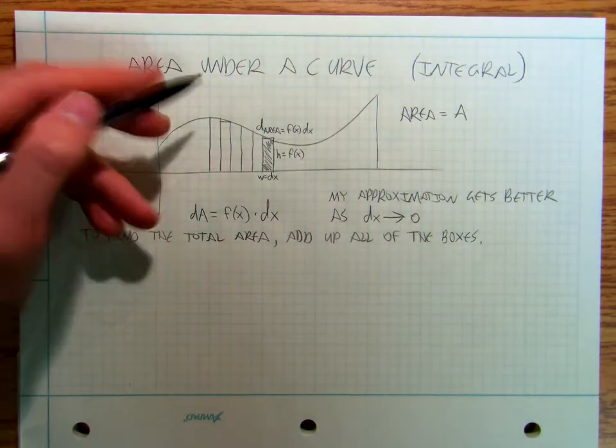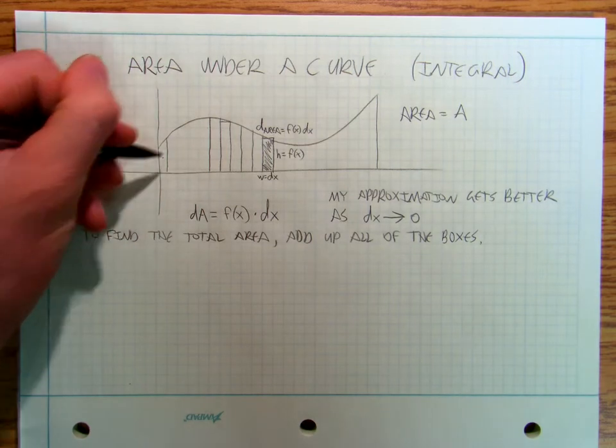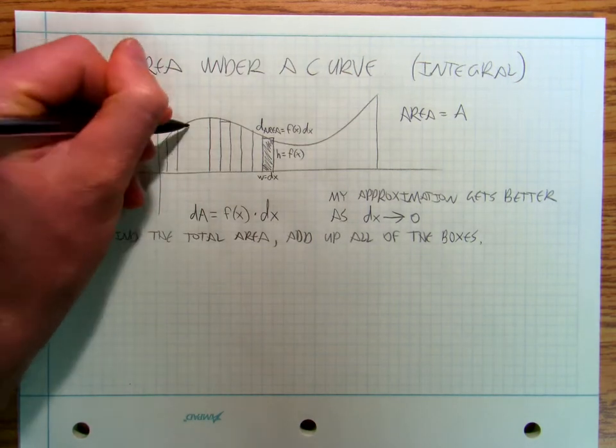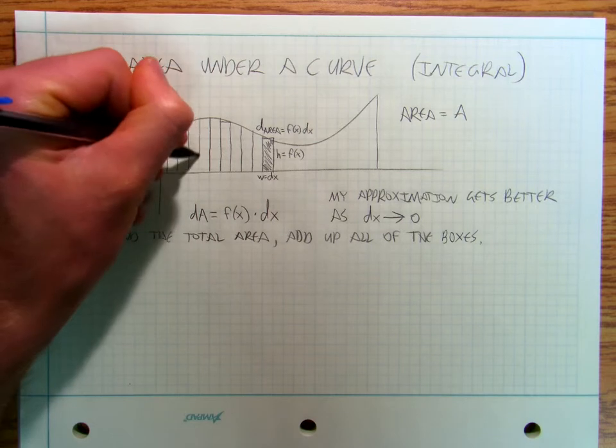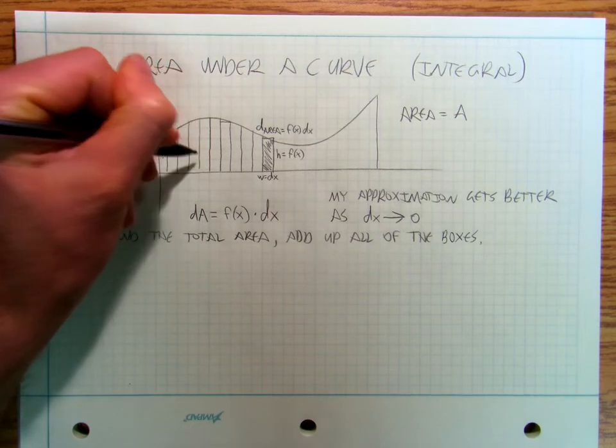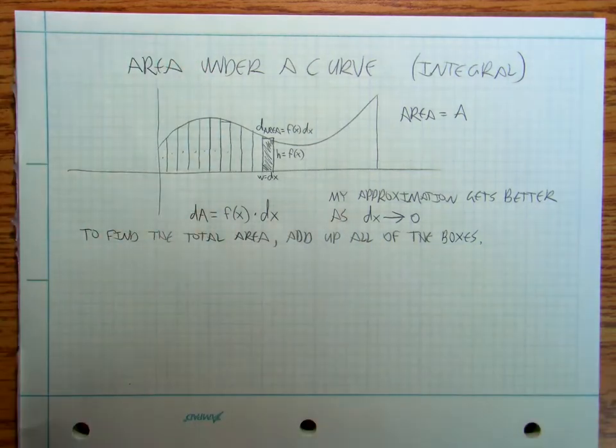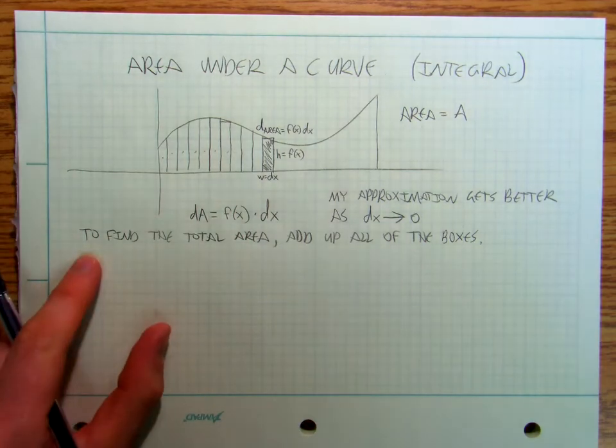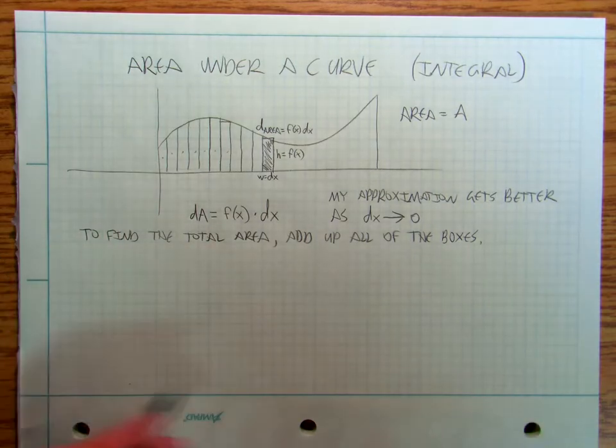So what I do is I find that area and add it to that area and add it to that area and add it to that area, that area, that area, that area, etc., etc. And you go, well, this would be really time consuming. It would be very time consuming if we didn't have two things.